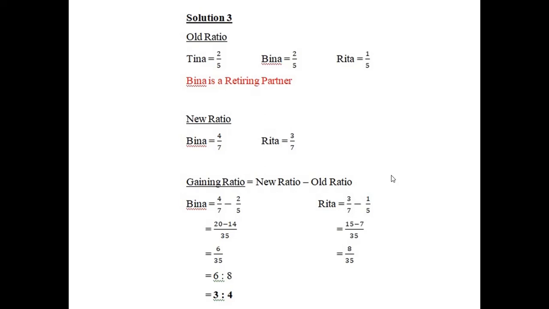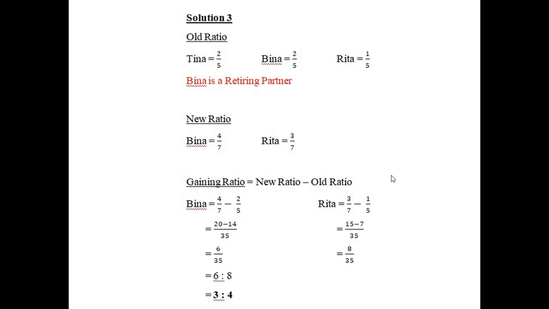So whenever he comes, he may ask you this kind of question when you go and submit the project, that in which chapter we calculate gaining ratio. Now the students get confused. It is very simple: in chapter of retirement and death. In chapter of admission, we calculate the sacrificing ratio.